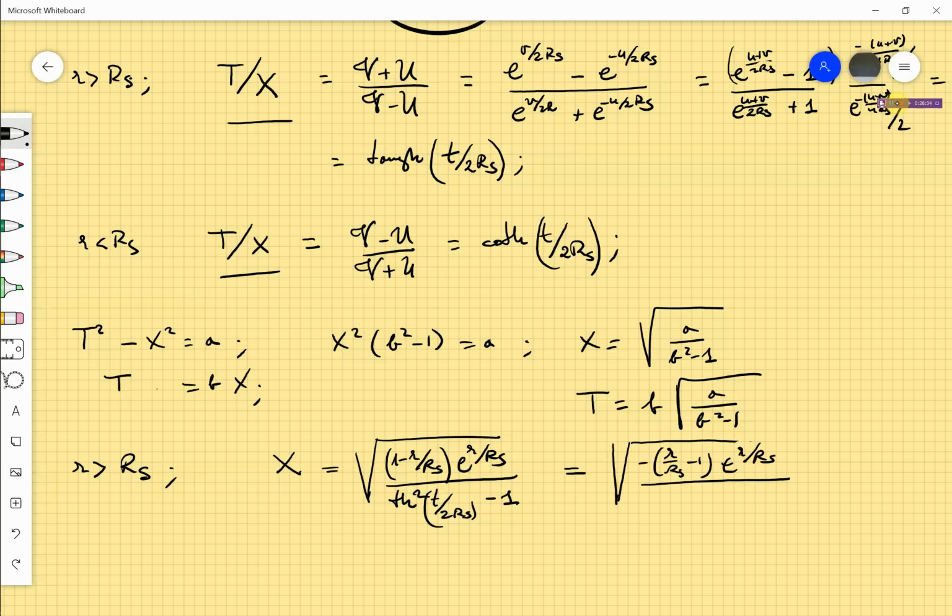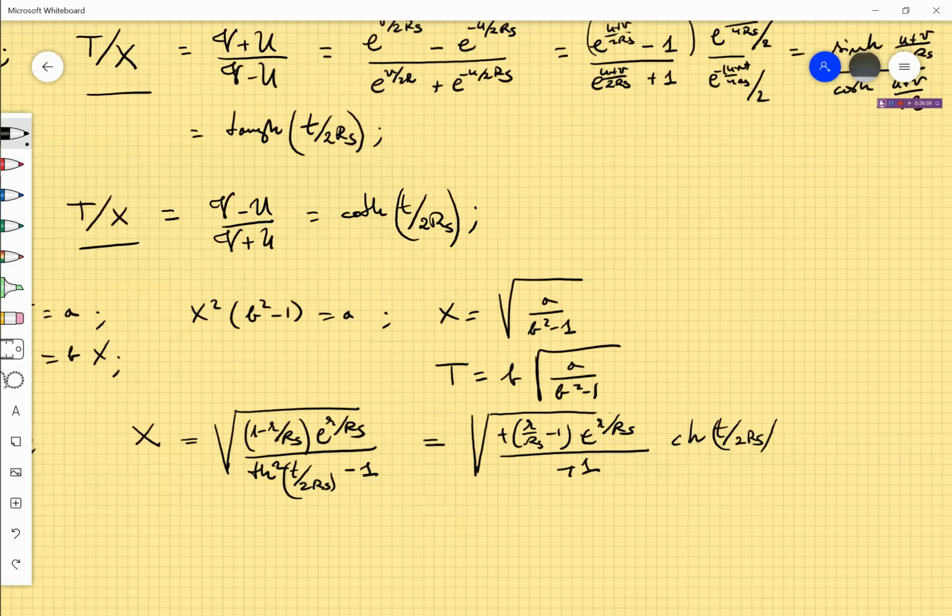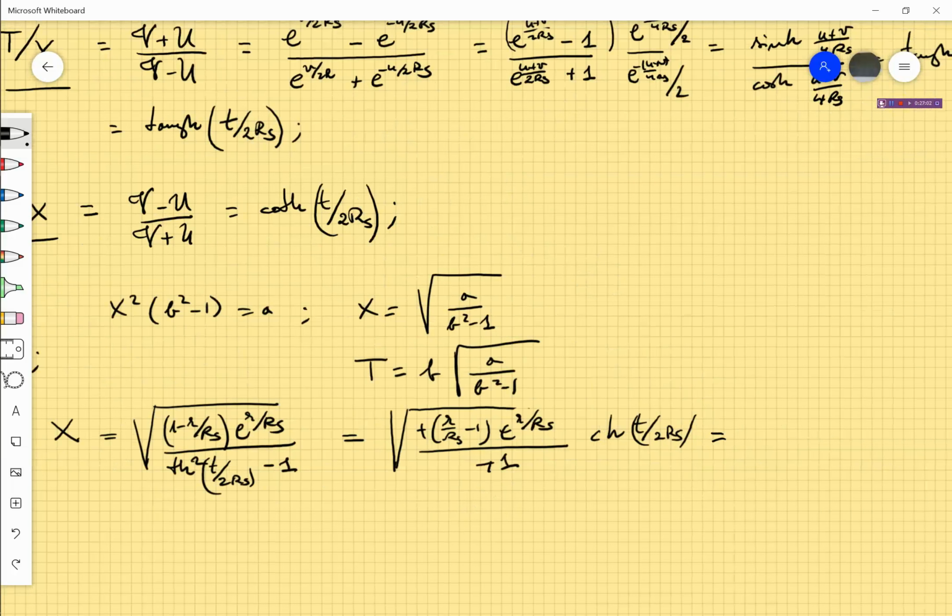Well, there is a hyperbolic cosine that appears here, squared, and this should be divided by minus 1. Okay, because you have hyperbolic sine squared minus hyperbolic cosine squared. This gives you minus 1. These two signs cancel, and this expression is just a square root of R divided by Rs minus 1.